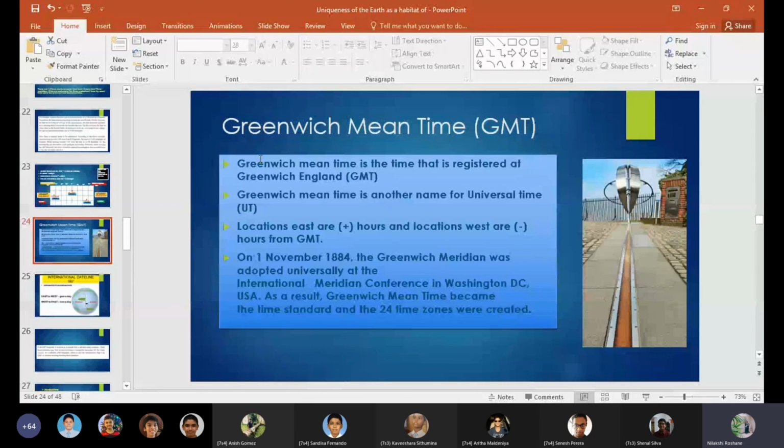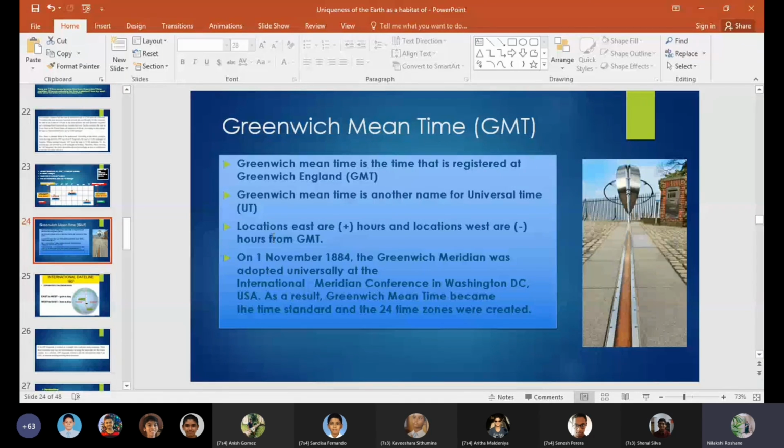Greenwich line. By the Greenwich line, the earth is divided into eastern and western hemispheres. Earlier we discussed it as Greenwich Mean Time. Now we call it Universal Time, UT. The locations east are plus hours and the locations west are minus hours from Greenwich Mean Time.